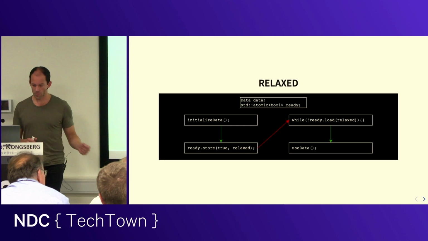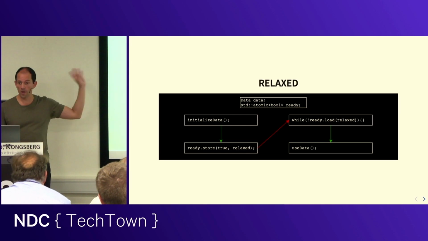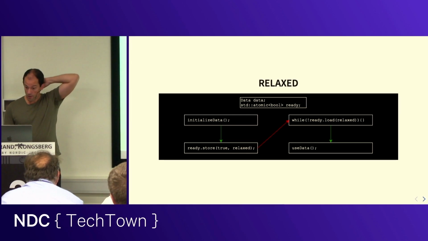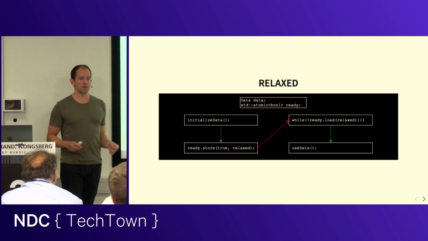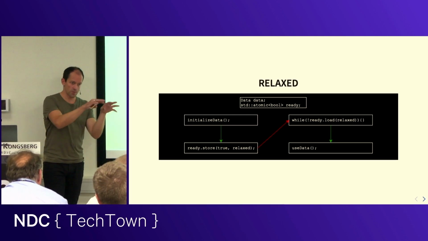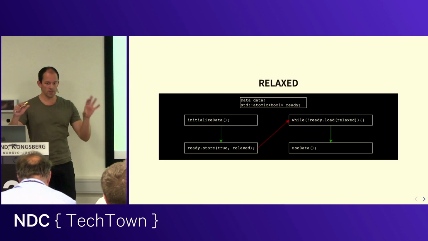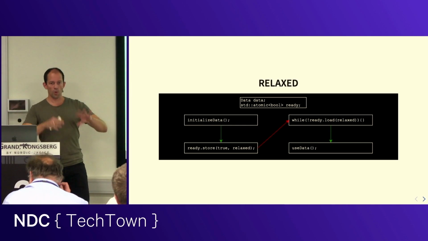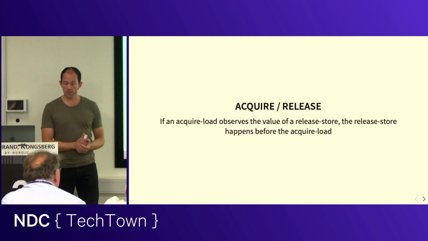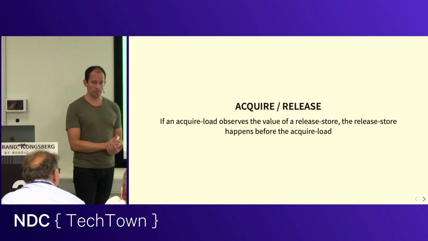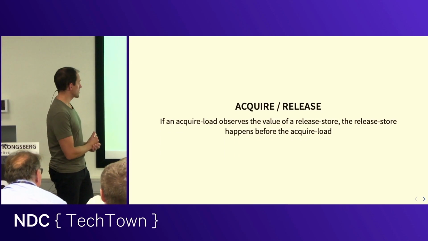So relaxed doesn't work, sequentially consistent does work, but I said that we don't necessarily need everything to be ordered. We can look at some things over here, some things over here, reason about those, and it doesn't have to all be ordered. So what we want here is yet another memory order, which is acquire and release.